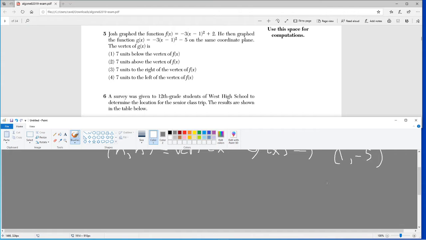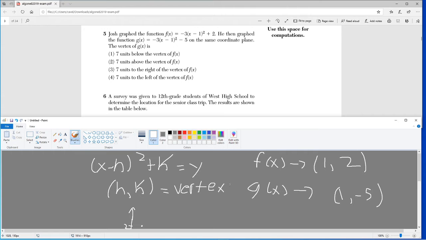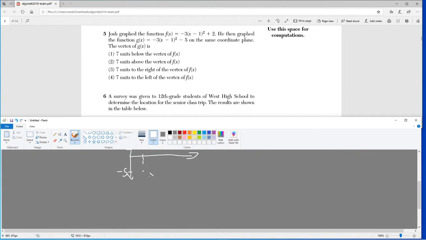If you look at the graphs, you have negative 5 right here, 1 comma negative 5, and 1 comma 2. So the vertex of g of x is this one.